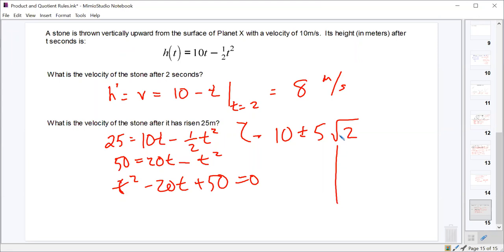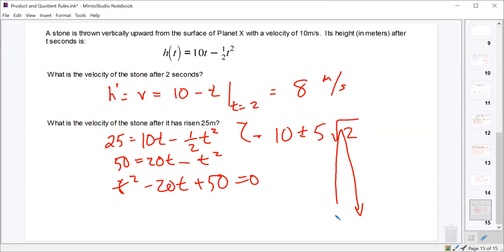Particle goes up and then it goes back down, right? So the first time it hits 25 meters would be when it's risen 25 meters, and which time is that going to be, the plus or the minus? Minus. Should be the minus, right? 10 minus 5 root 2.